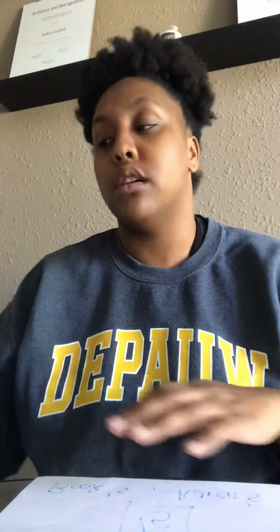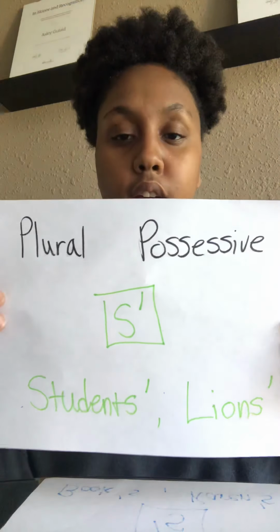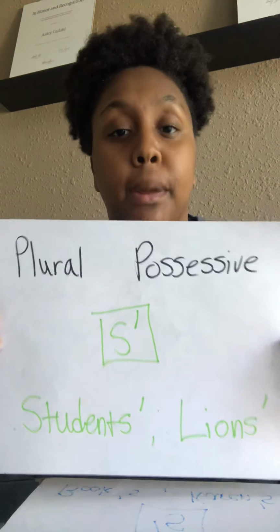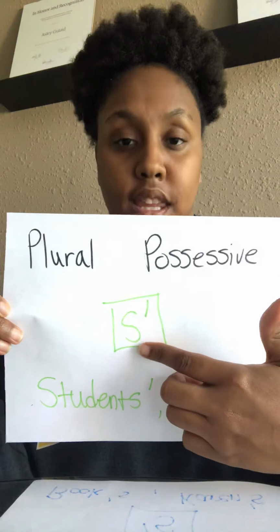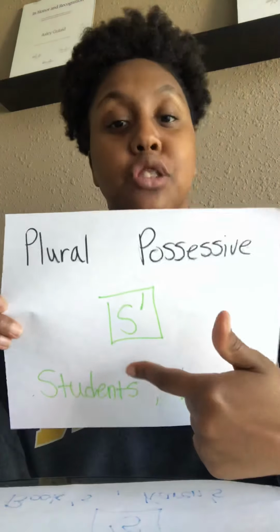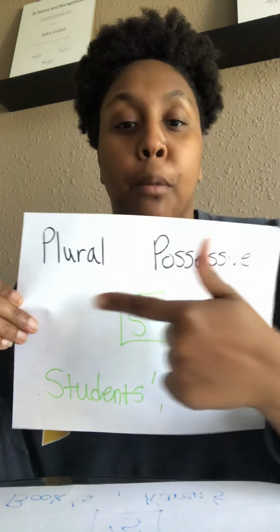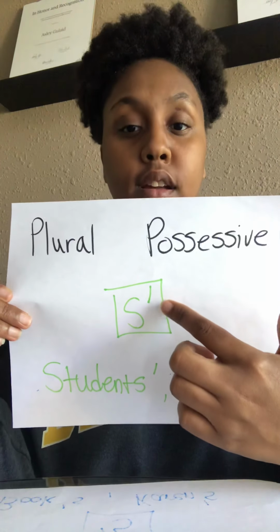And now how do we identify plural possessive nouns? So plural possessive nouns. Now it's a little bit different because to identify plural nouns, they usually have an S at the end. Again, to identify just plural regular nouns, they usually have an S at the end. So plural possessive nouns will have the S and then the apostrophe.